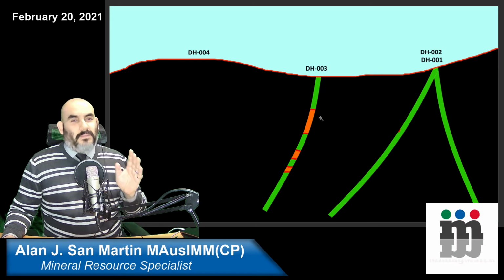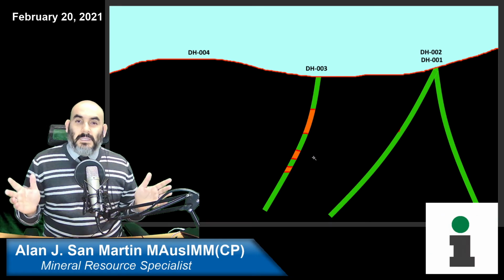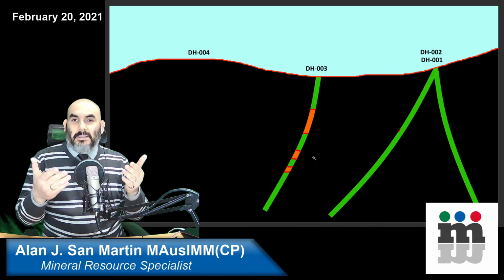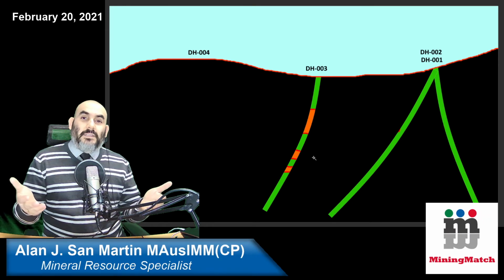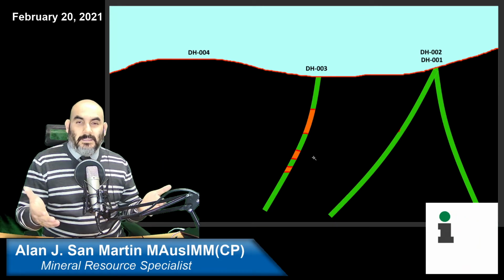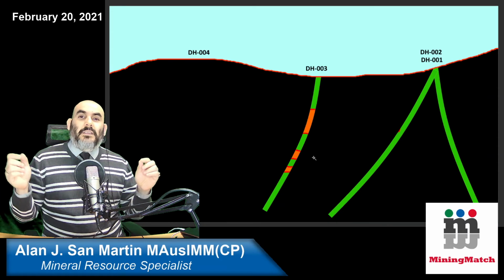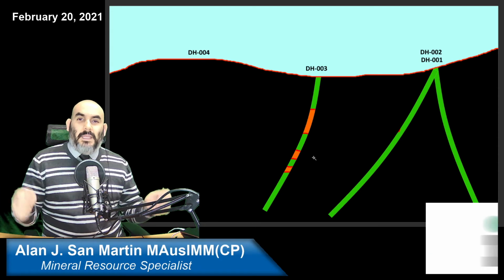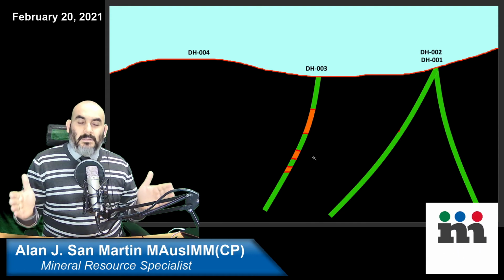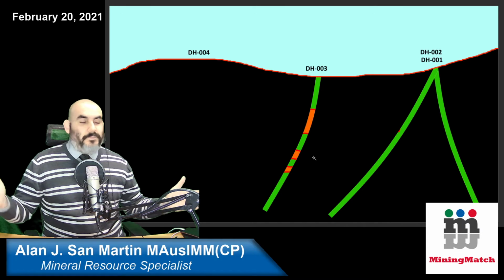Now, when you're drilling, you recover the core. And sometimes you can see with the naked eye that there is mineralization. But some other times you don't really know until you do an assay. An assay is when you take the sample, you crush it, you make a pulp, you send it to the laboratory, and they tell you how much content of metal there is in that meter or 2 meters of rock.